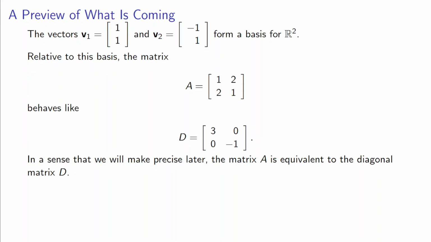So we've changed our basis to V1 and V2, but in a sense, we have this simpler matrix D. This is a diagonal matrix, and in some ways, A is equivalent to this diagonal matrix D if we are viewing it under the right light with the right basis.